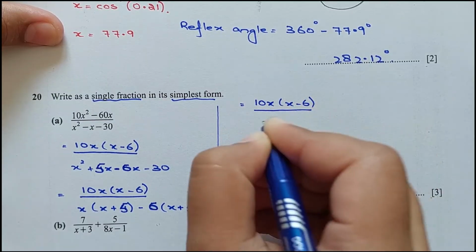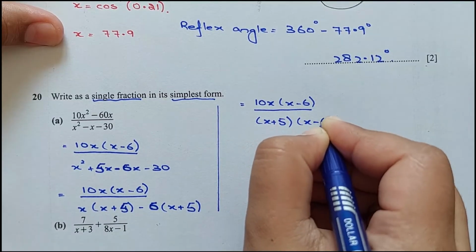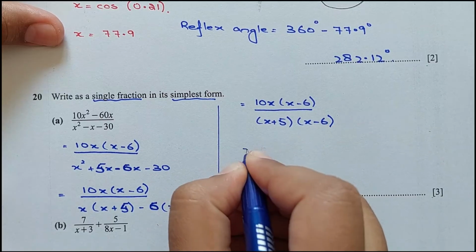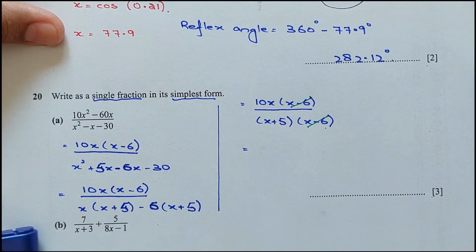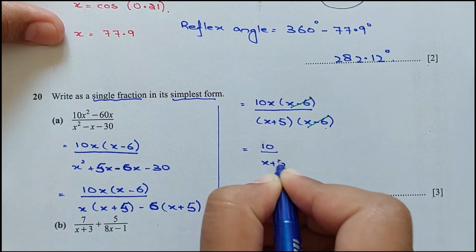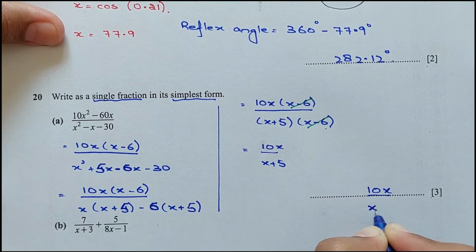The denominator factors are x plus 5 and x minus 6. Just combine the factors, x plus 5 and x minus 6. Now cancel the like factors. The like factors are x minus 6. So the simplified answer is 10x over x plus 5.